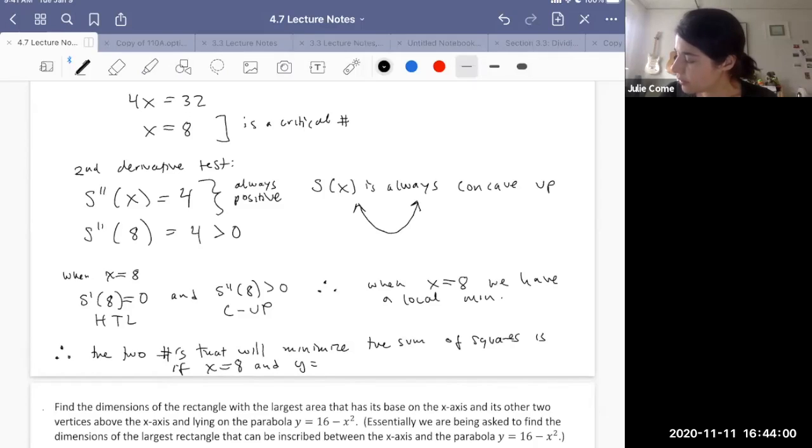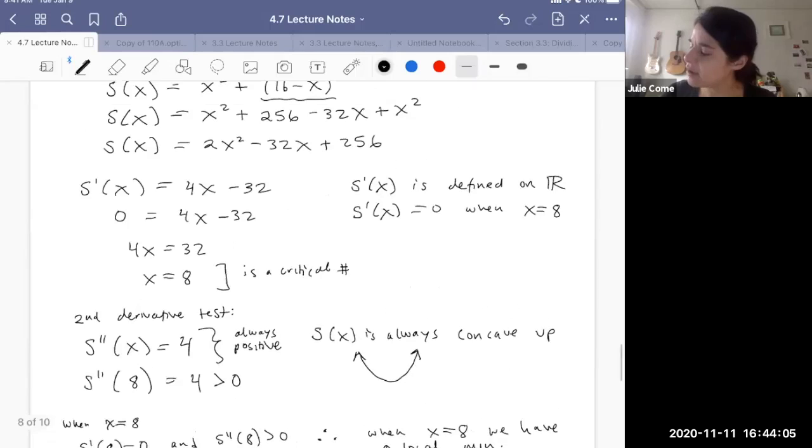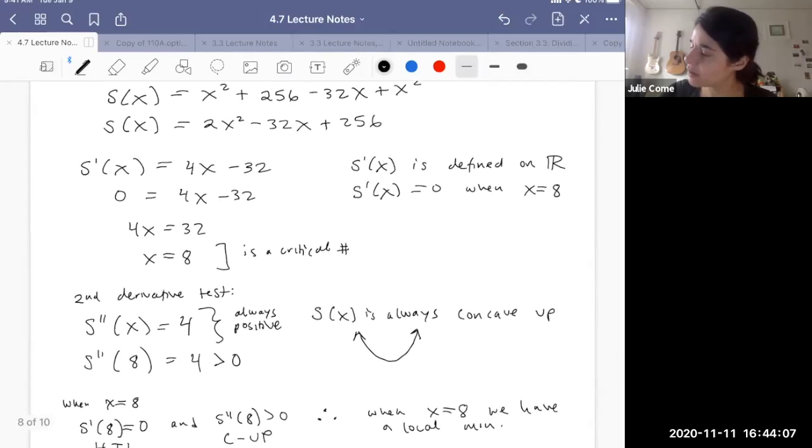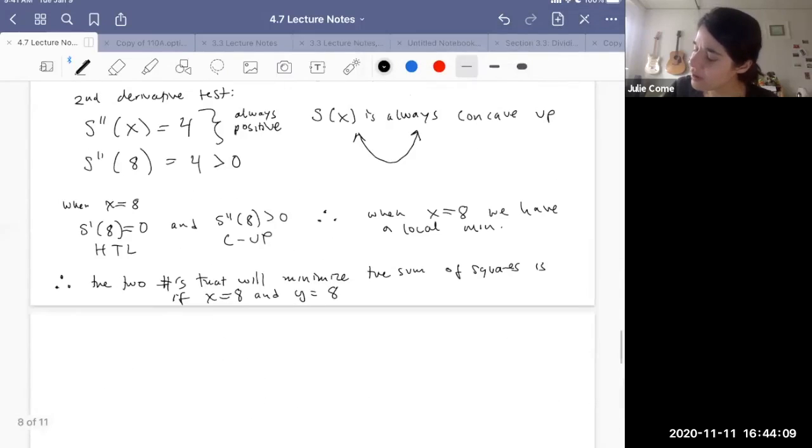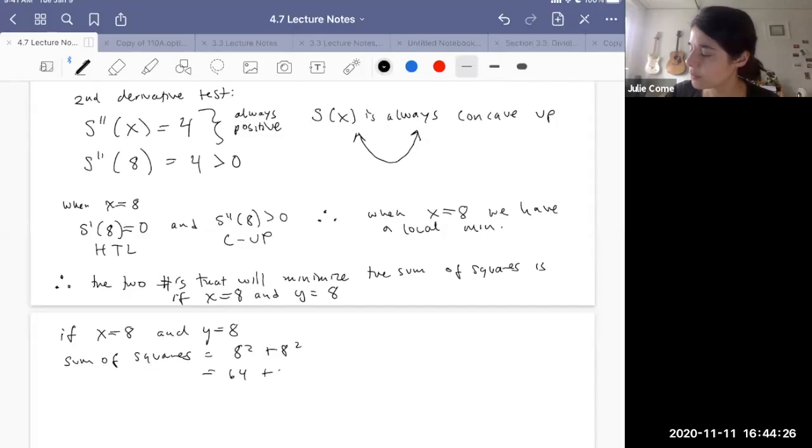And we can sort of see this if we evaluate this for numbers nearby, just as a quick illustration. If x and y are both 8, then the sum of their squares is going to be 8 squared plus 8 squared, 64 plus 64, which is 128.